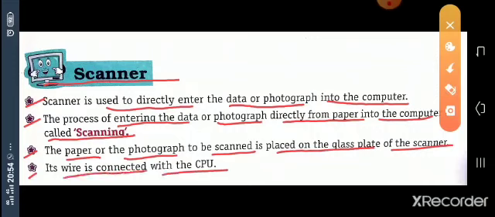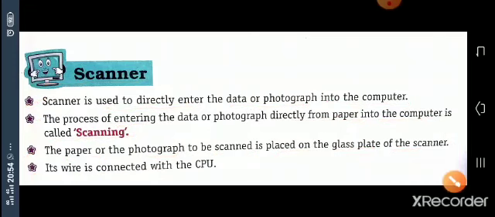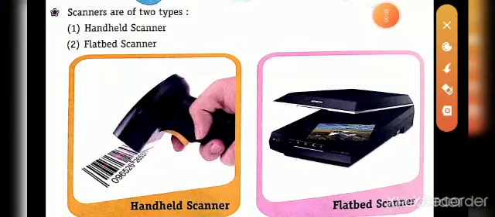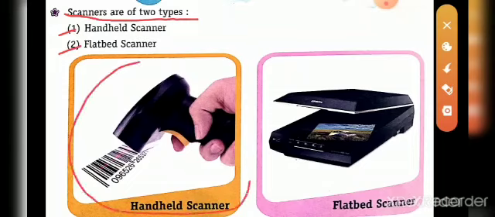Now students, here there are two different types of scanner. Let us discuss about it next. Scanners are of two types. First one, handheld scanner, and second one, flatbed scanner. First one, handheld scanner.